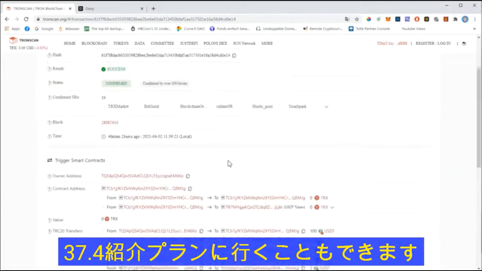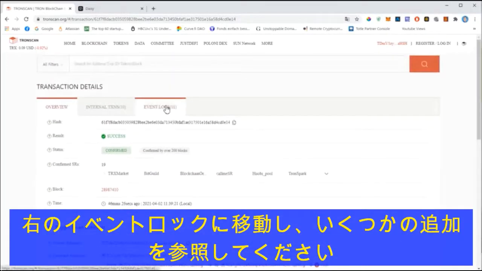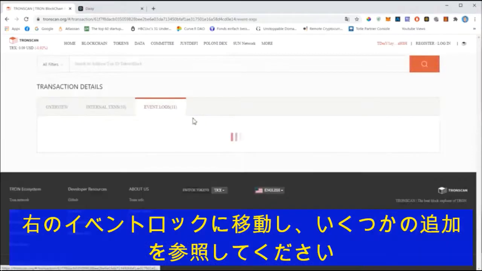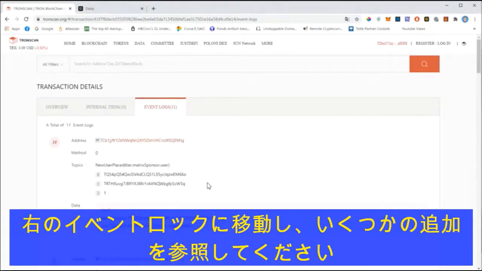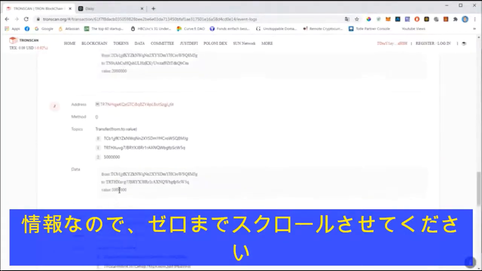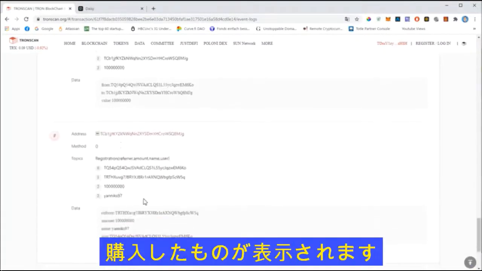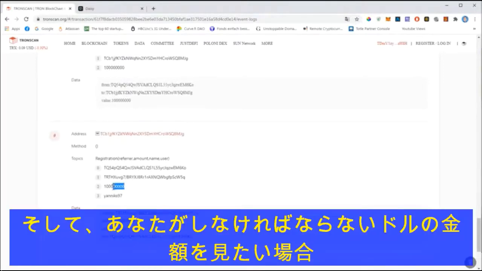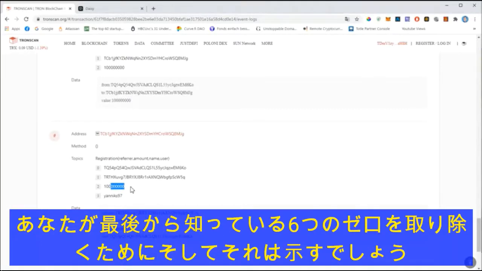We can also go to the event logs, right, and see some additional information. So let me scroll down to 0. That will show you what has been purchased, and if you want to see the dollar amount, you have to take off the 6 zeros from the end, and that will show you the dollar amount.